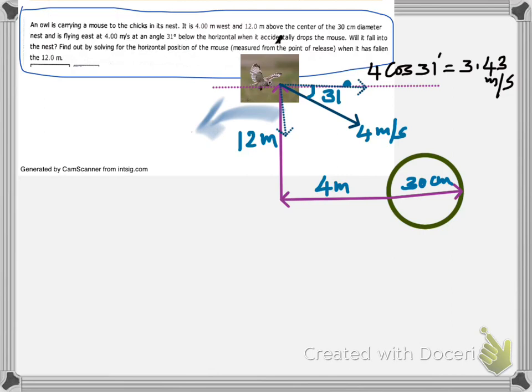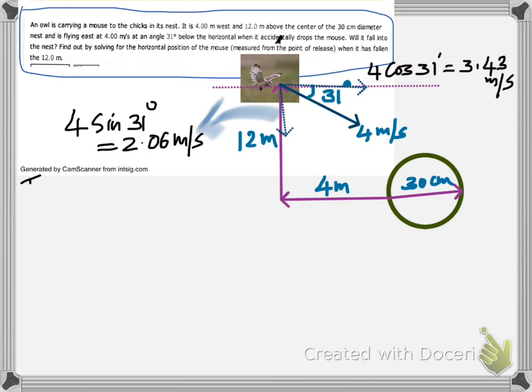And the vertical component is 4 sine 31. This comes out to be 2.06 meters per second.